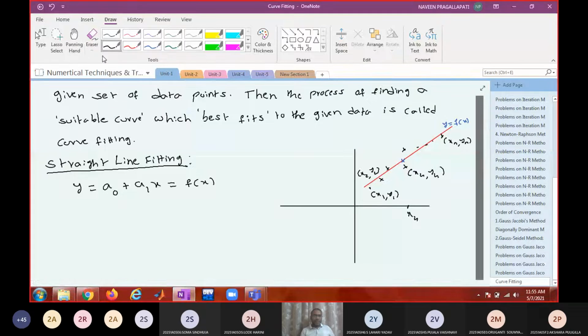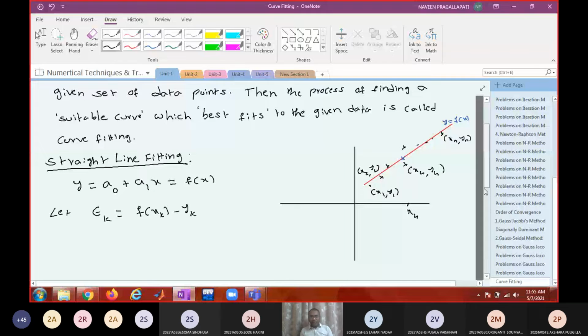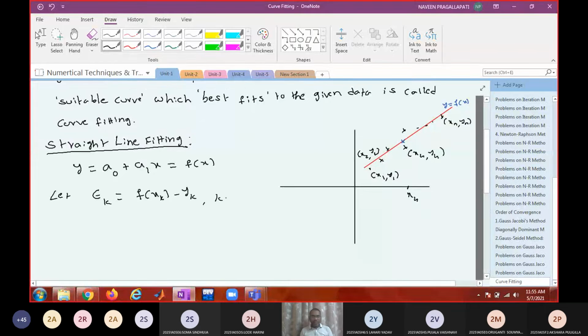Okay, so let us assume that epsilon k is equal to the difference between f of xk and yk, that is, f of xk minus yk. Here k equals 1, 2, and so on; there are n data points.